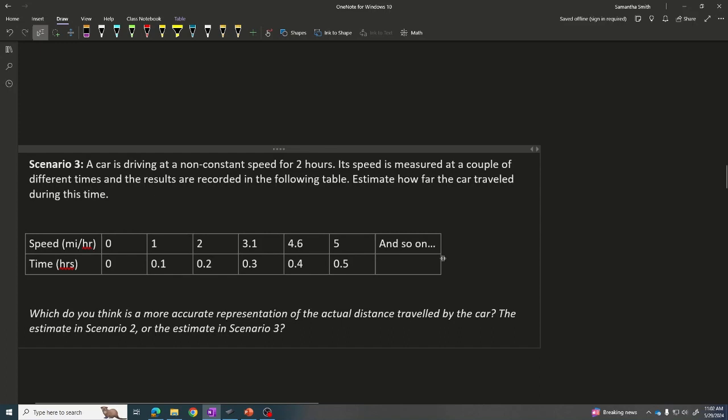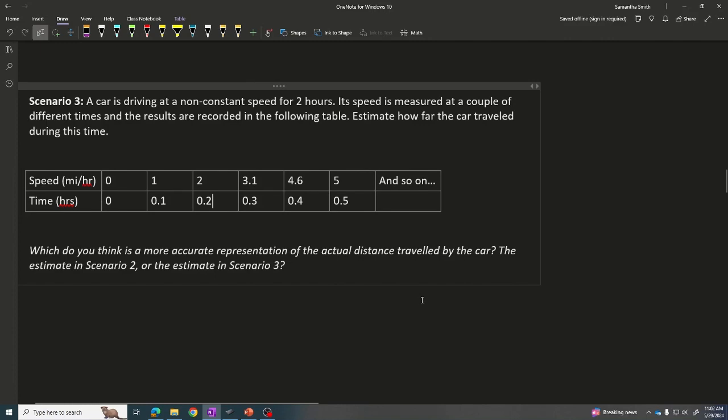Now, if you take that idea to its natural extreme, then you could say to yourself, if you wanted your estimate of the distance traveled to be very, very accurate, then what you would need to do is collect a huge amount of data. Maybe record the speed of the car every second. Maybe record the speed of the car every millisecond. The shorter the distance between recordings, the more accurate your estimate of total distance traveled is going to be.